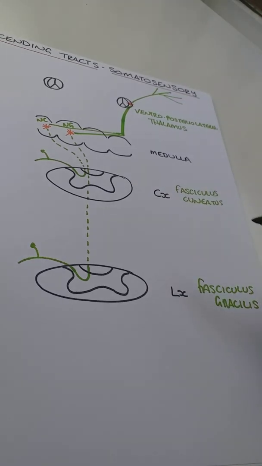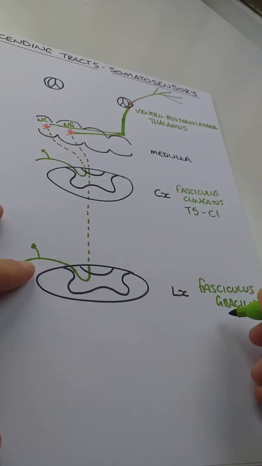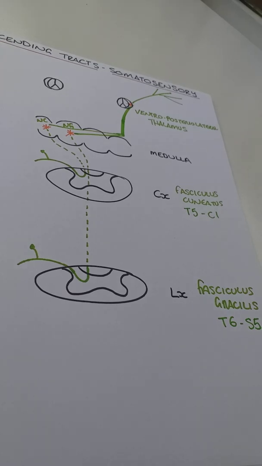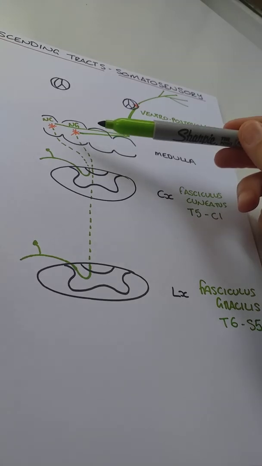So remembering that you have your fasciculus gracilis, which is anything from T6 to S5, and your fasciculus cuneatus is T5 to C1. Actually, we'll write that down, because that's actually kind of important when we think about where sensation is coming in from. So they go into the appropriate nucleus, okay?